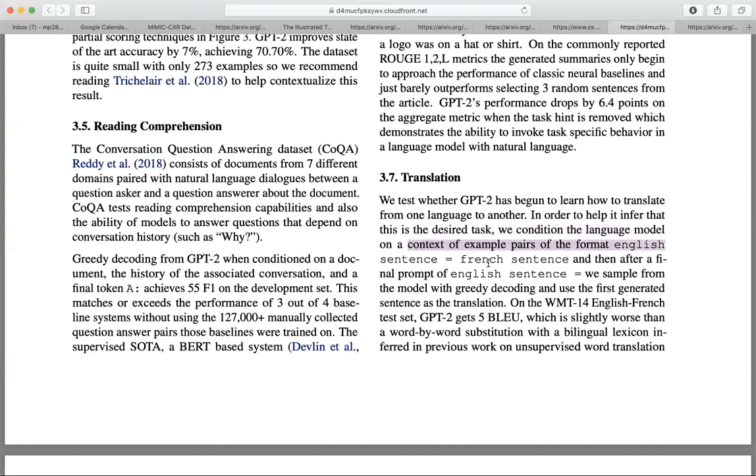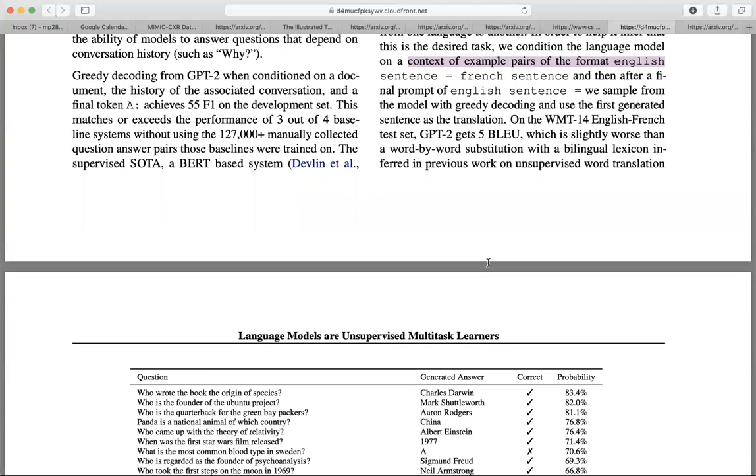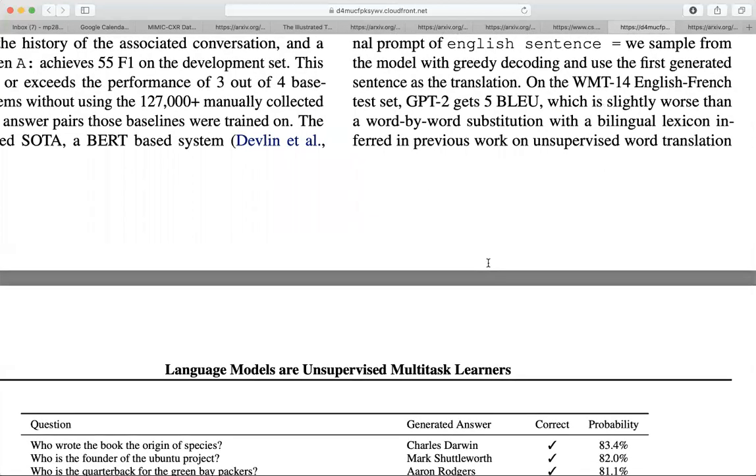So what they do is, let me just draw it right here. You have a gigantic transformer model that is basically a language model, and you've pre-trained it on a gigantic web crawl corpus.